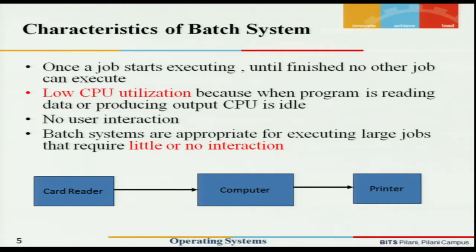These batch systems offer literally no user interaction, and batch systems are appropriate for executing large jobs that require little or no interaction. The diagram given here indicates the high level organization. The card reader is used for reading the program or data. Then the computer would execute the program that was read, and the output will get produced on the printer.